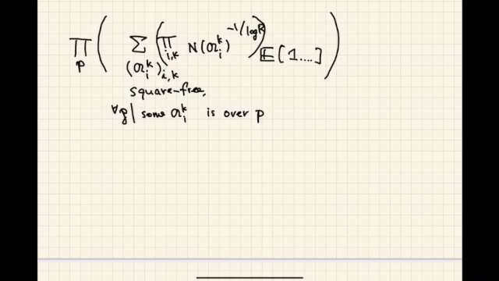By the previous result, this can be bounded as follows.